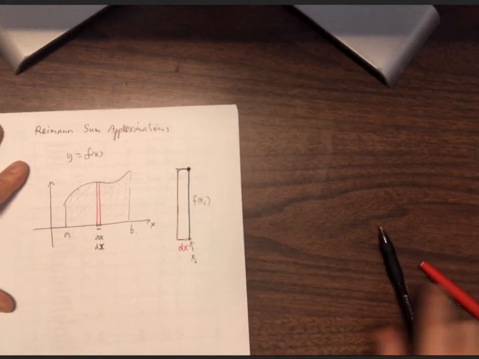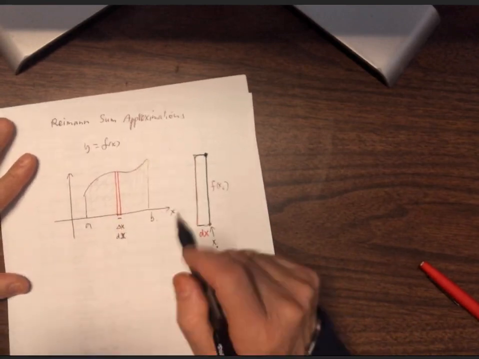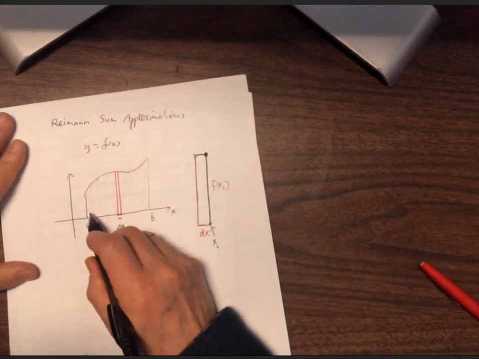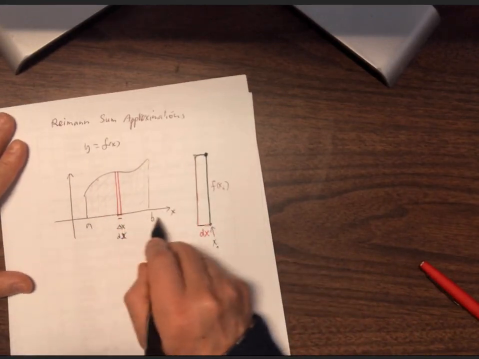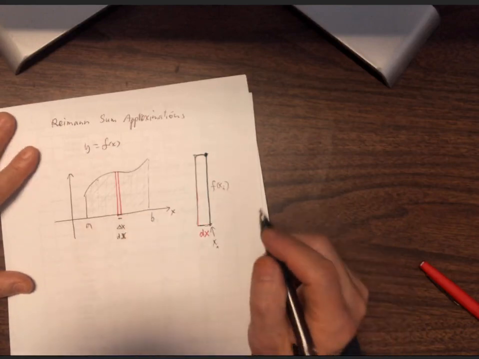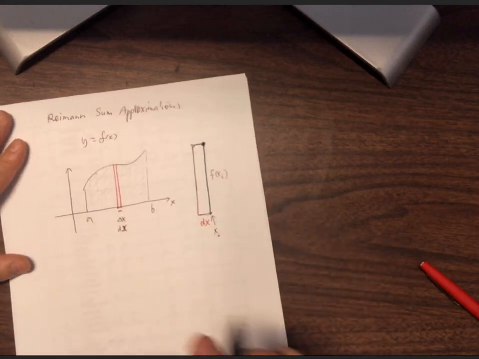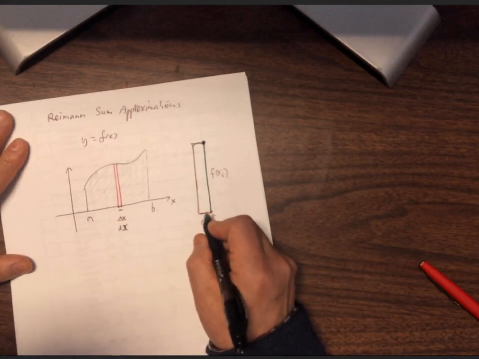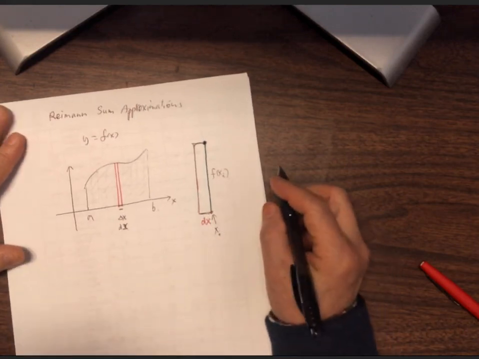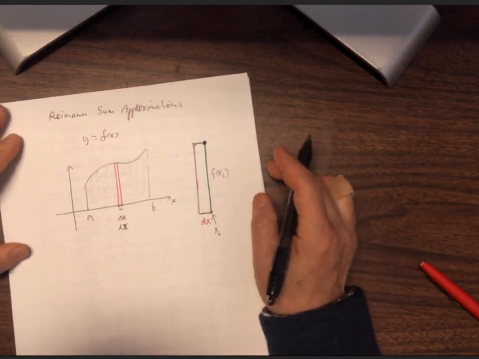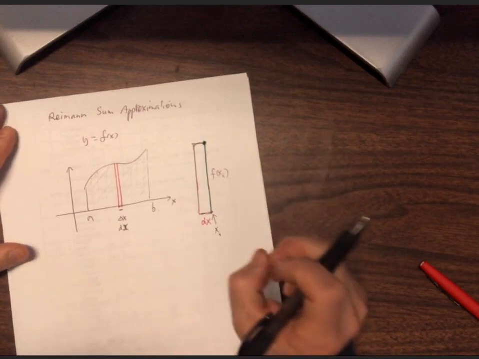Now, for the approximation to be accurate, we usually slice the interval a to b into many strips. So practically this width is a very small, very narrow strip.